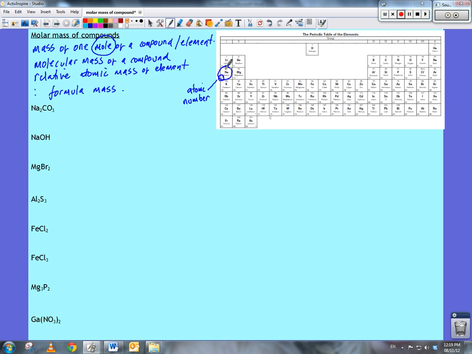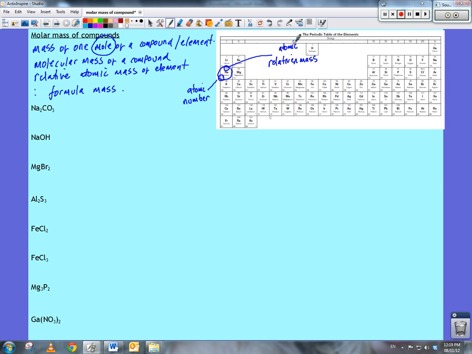And up here we've got a larger number, here it's 23, and that is the relative atomic mass. And we're going to combine all of those in a compound to find out the molecular mass, or the molar mass.